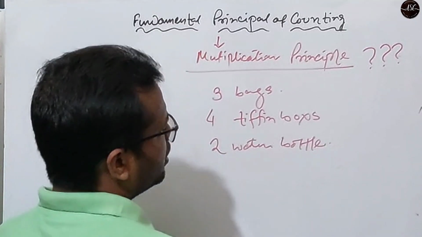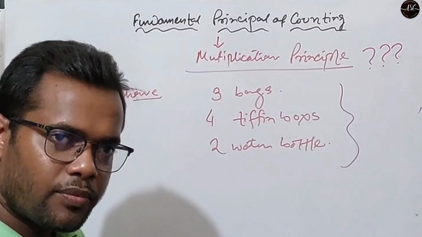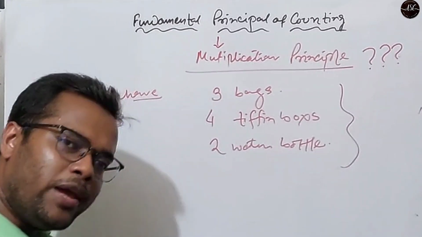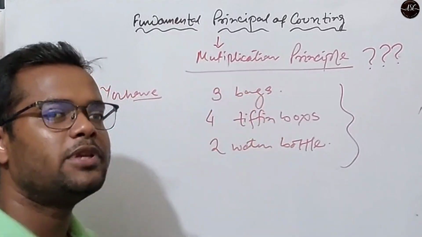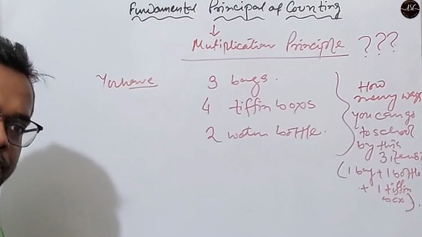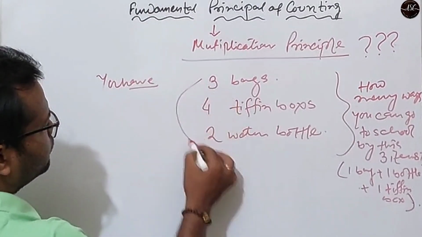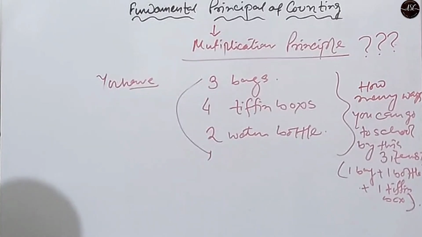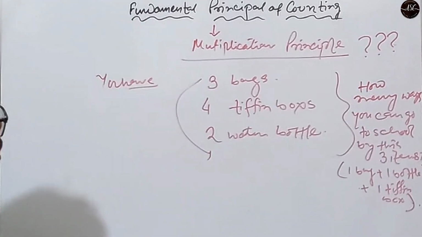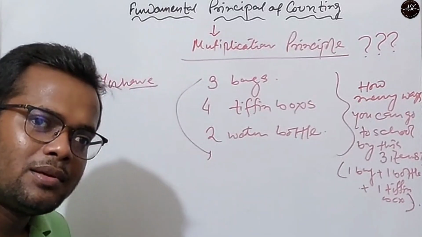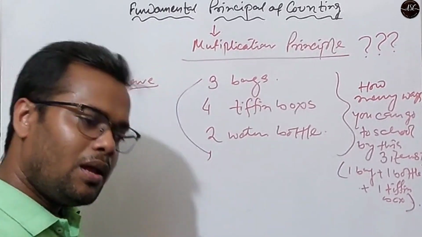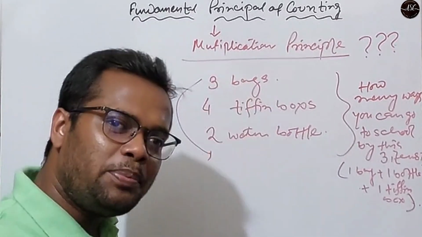Then there is a question: how many ways can you go to school with these 3 items? So how can you find this? Then look, here the number of bags is 3. So 3 bags can be chosen in 3 different ways.